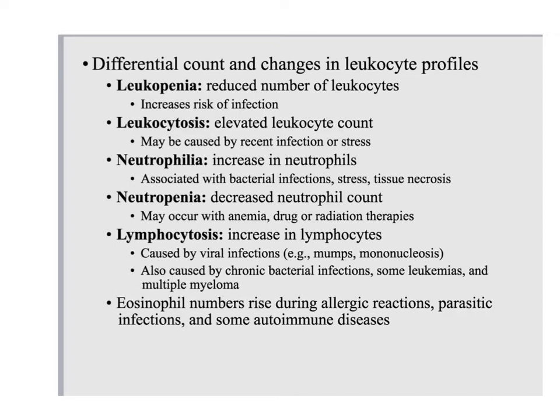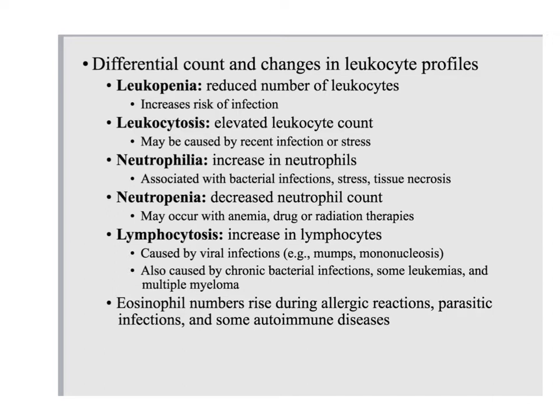And then lymphocytosis, an increase in lymphocytes. And this is caused by viral infections, all right, or chronic bacterial infections such as chronic bronchitis, okay? And then eosinophil numbers, they rise during allergic reactions, parasitic infections, and some autoimmune diseases.